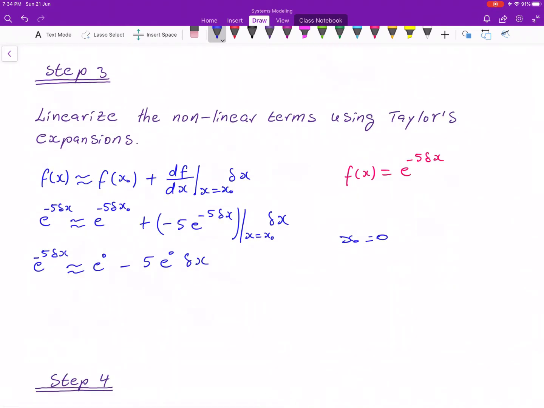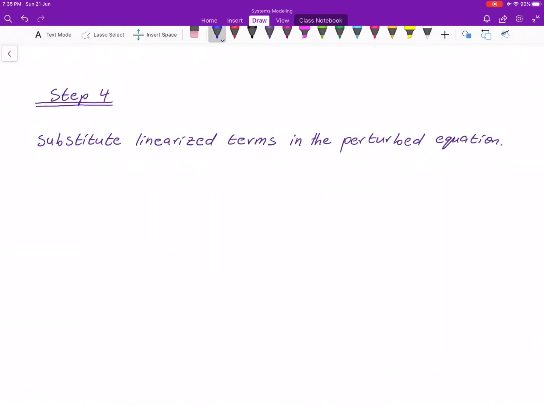So e to the minus 5 delta x is approximately 1 minus 5 times 1 times delta x. This equation is what we want to substitute in our original equation. So we move on to step 4. Step 4, substitute the linearized terms in the perturbed equation.